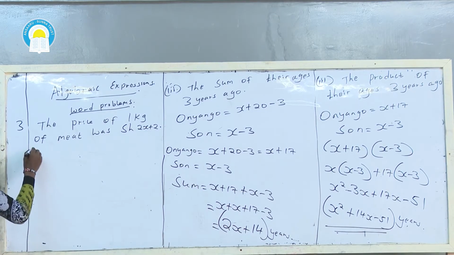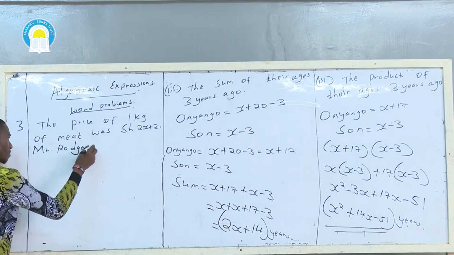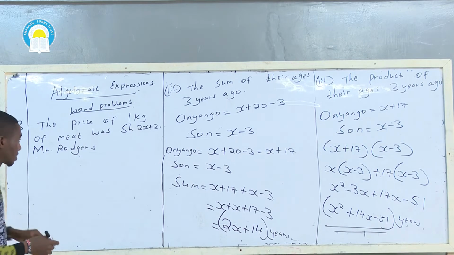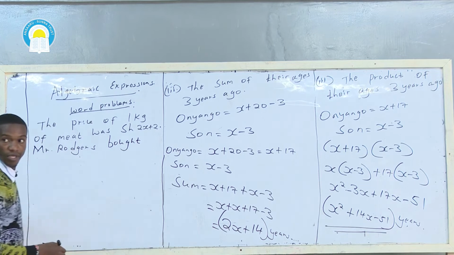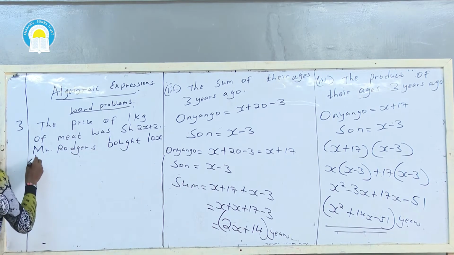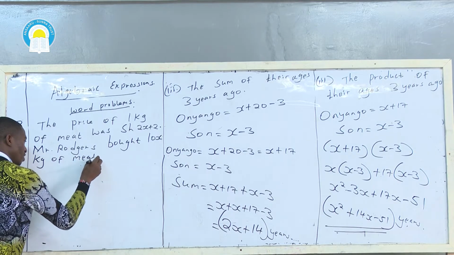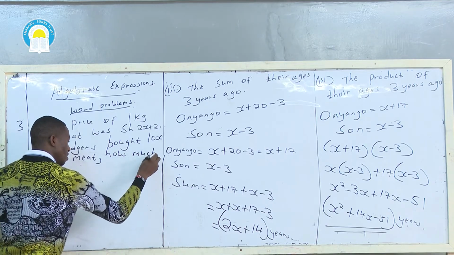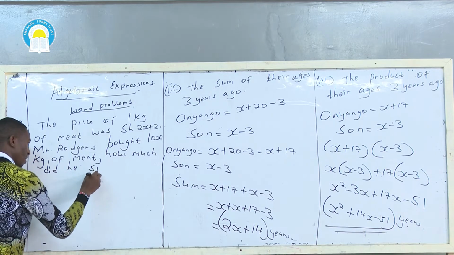Then Mr. Rogers bought 10x kg of meat, comma, how much did he spend?